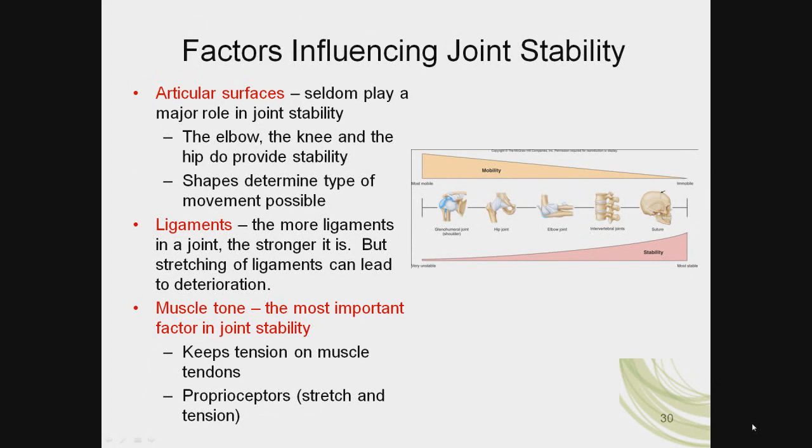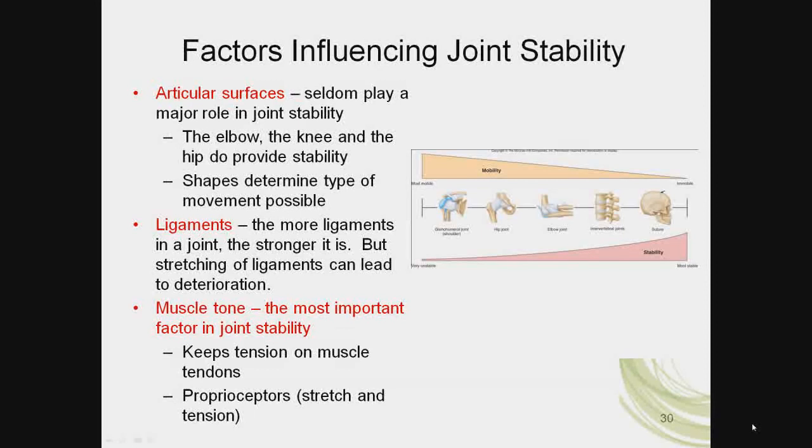If we think about the big head of the femur resting in the acetabulum, the indented region of the os coxae, that clearly is a very deep ball and socket. And so the articular surfaces do help in the joint stability there. The shapes of the joint determine the type of movement possible. Hinge joint in the case of the elbow and the knee versus ball and socket for the hip.